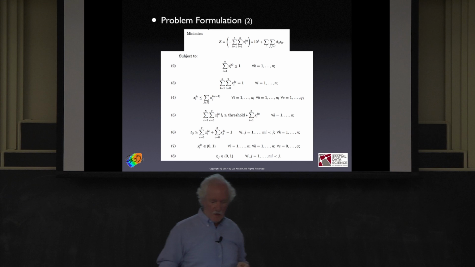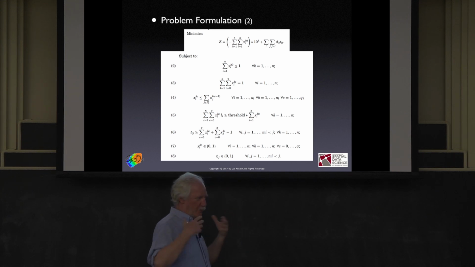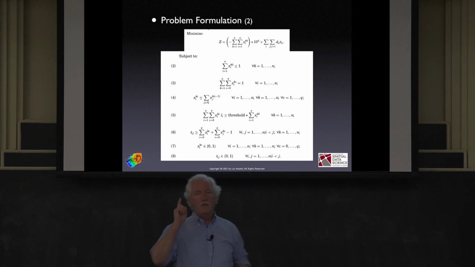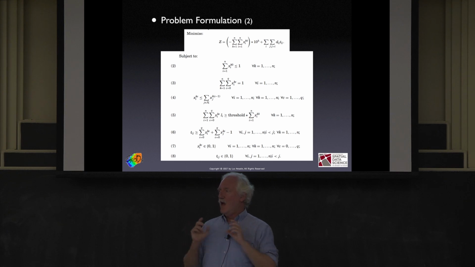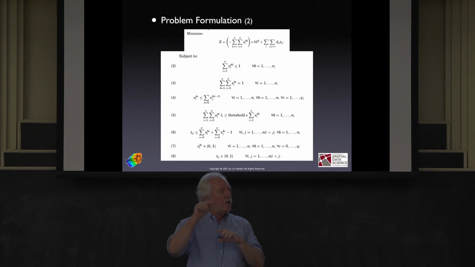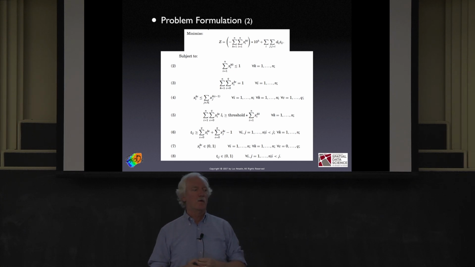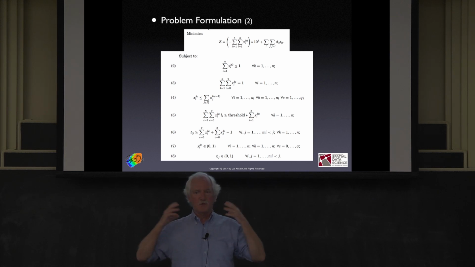So this is why it seems unwieldy, but it's really very simple. All that equation 2 says is that there's only one core in each cluster, because x_i,k,0 can be either 0 or 1, and if you sum it over all the possible observations, there's only one of those that can be 1. So the sum over all the i of this decision variable has to be less than or equal to 1. Okay, that's how you have to start to think.